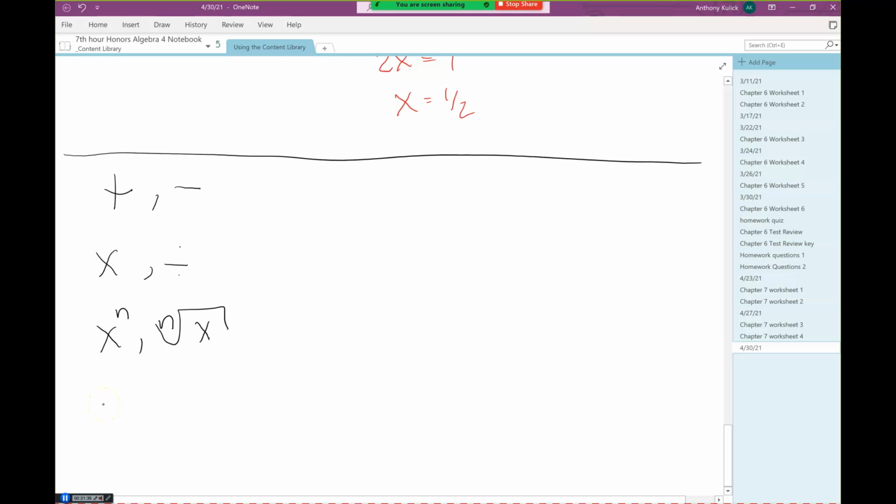And now we've reached a place where we have a new pair of inverses. So if I have exponent base, its inverse is log of the same base.